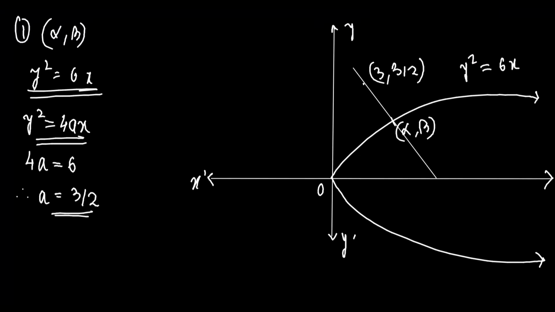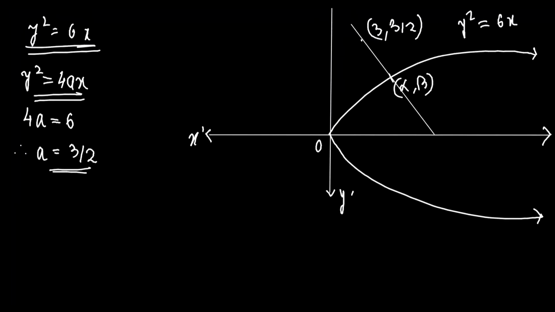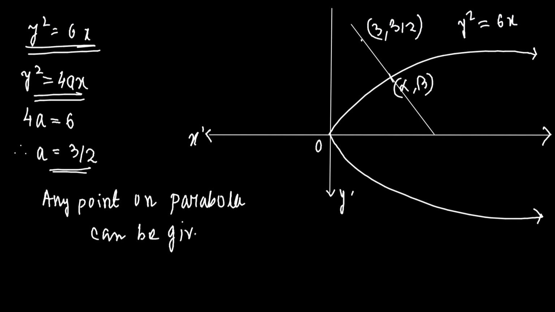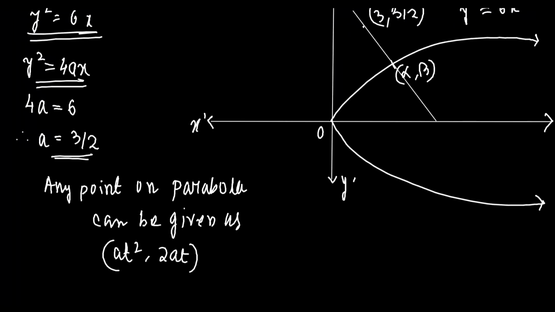Now any point on the parabola can be given as 2at square comma 2at, I am just writing this alpha comma beta in this parametric form.